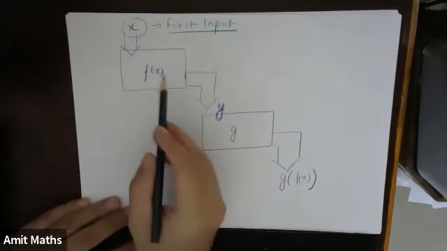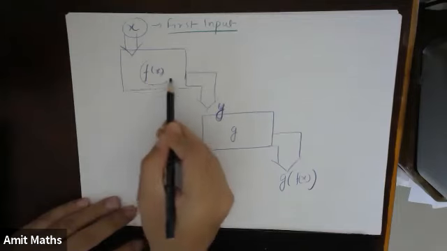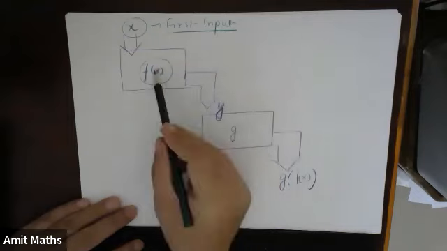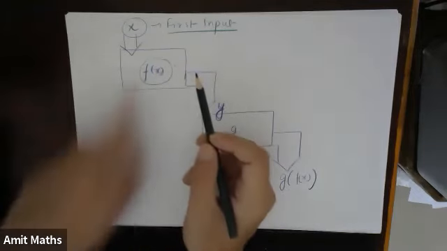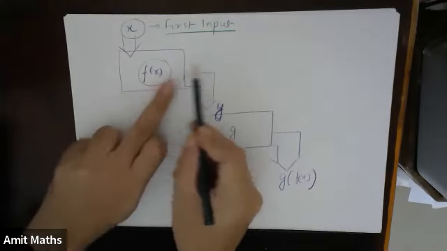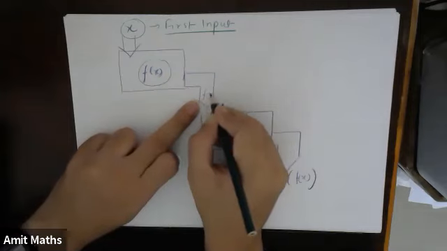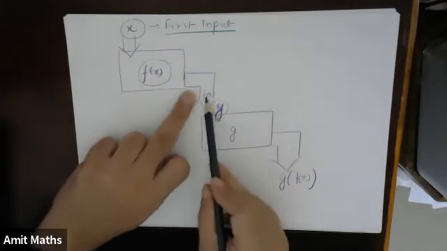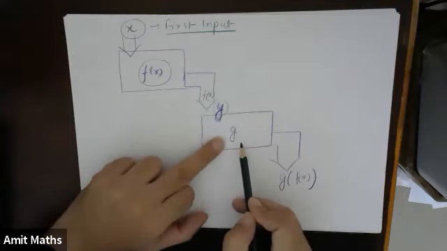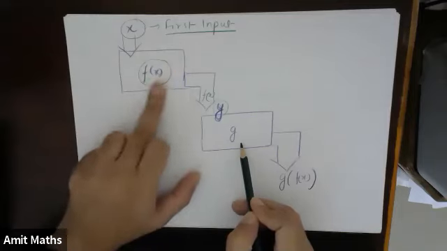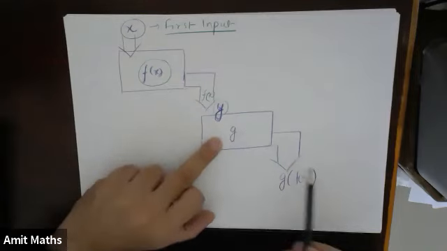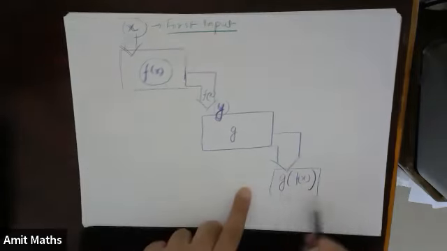This value of x will be processed first by the function f of x, and it will give out f of x, which is y. Then this is taken as input by another machine, g of x, which will process this f of x and give the final output.